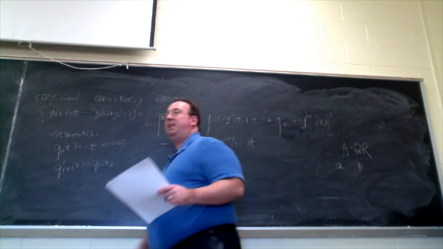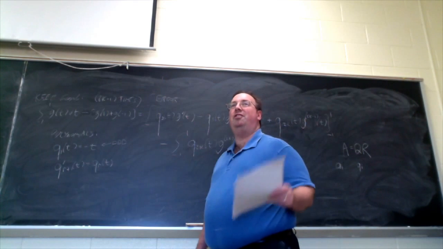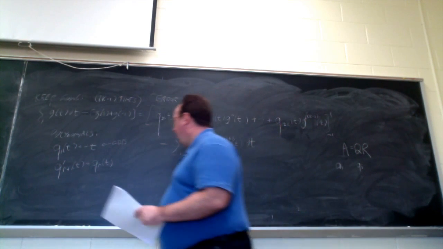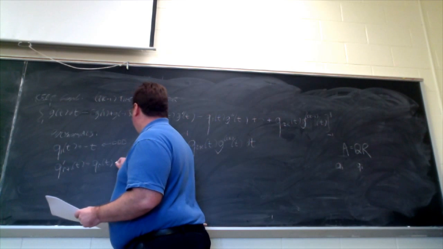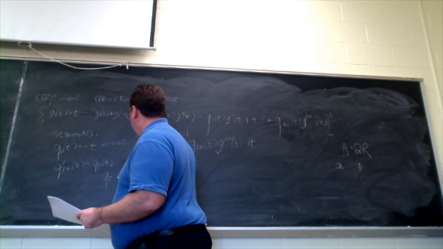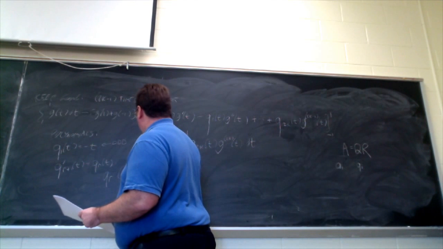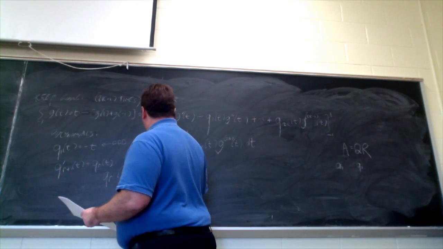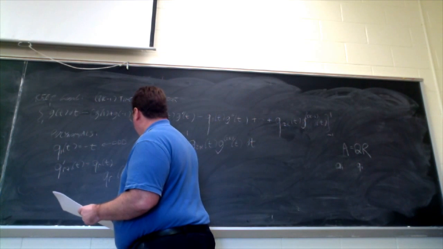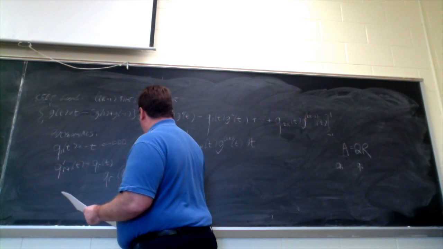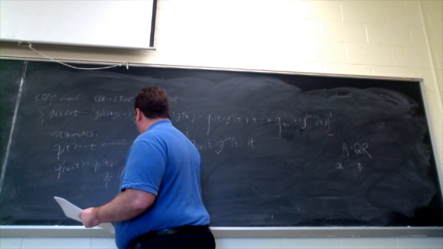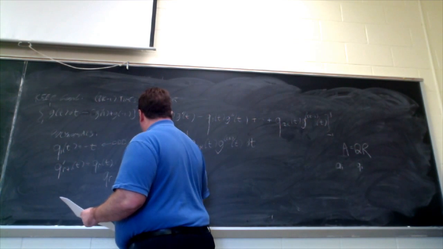But the thing is, we have to be careful about this. We need to choose the constants of integration carefully in order to make sure that Q_r, by choosing your plus C's correctly, is an odd function if r is odd, and an even function if r is even.